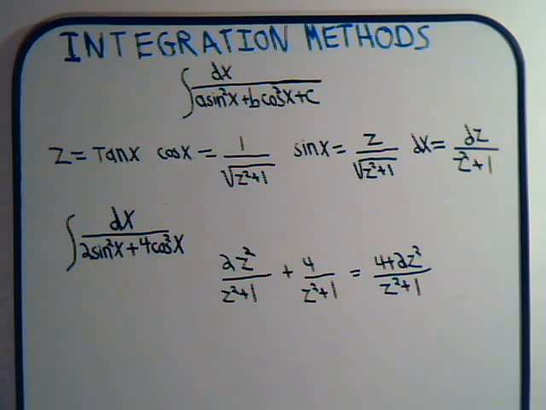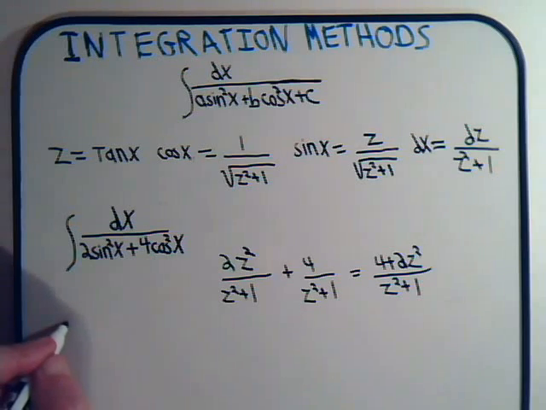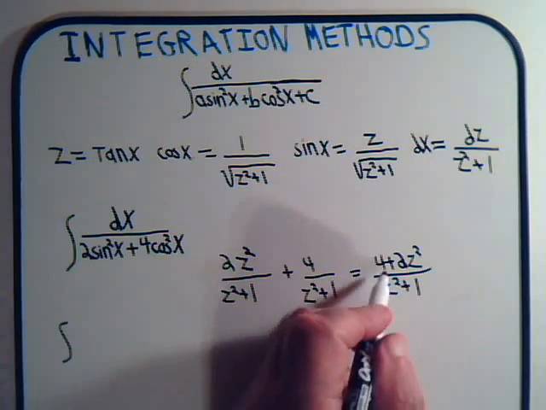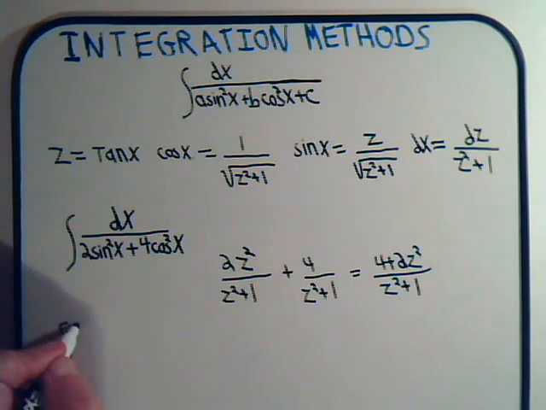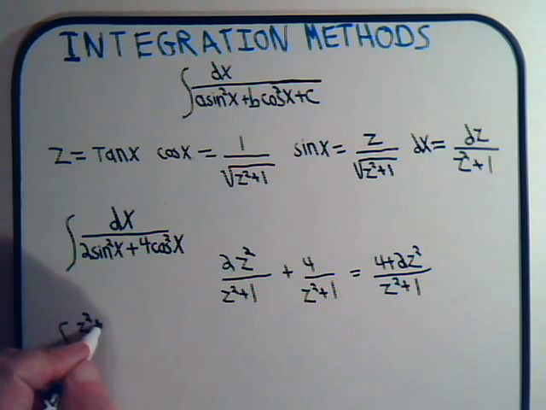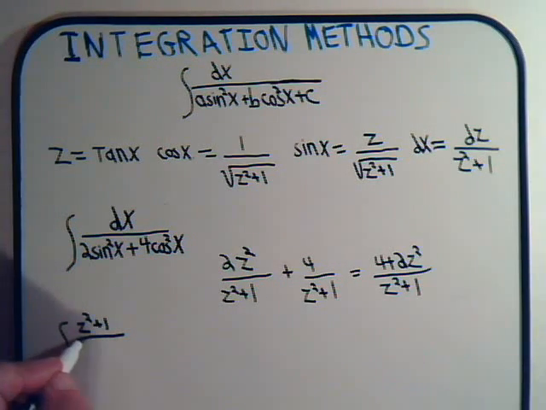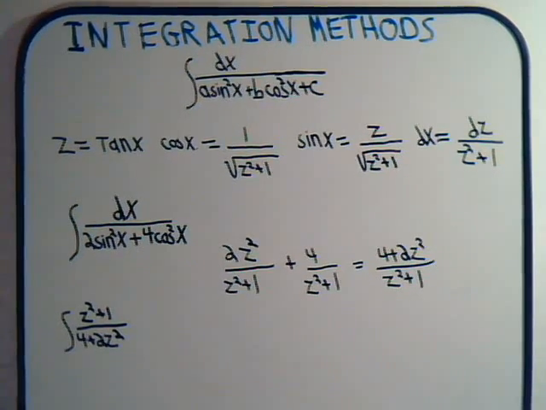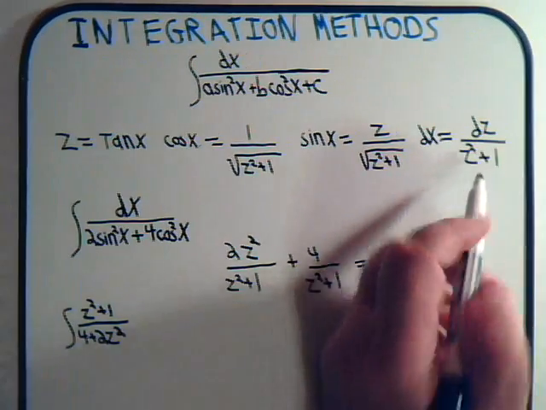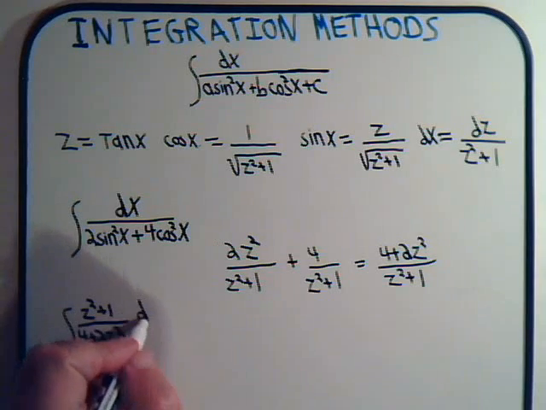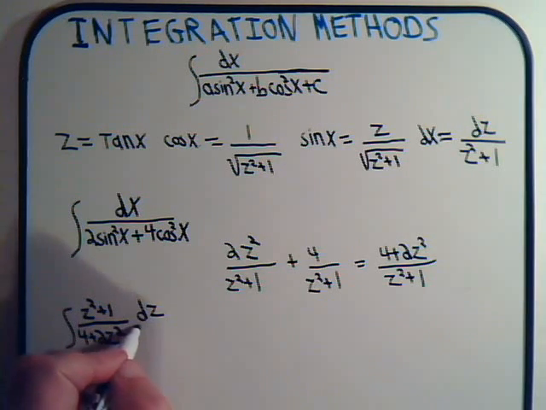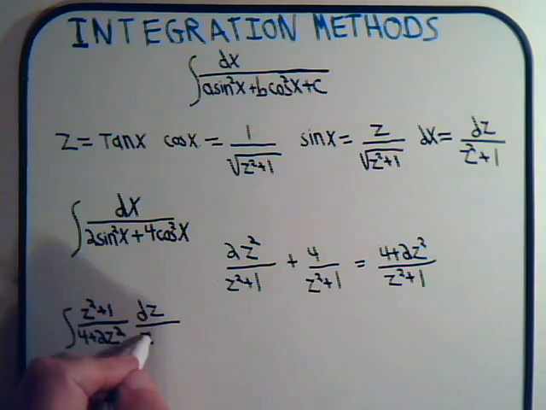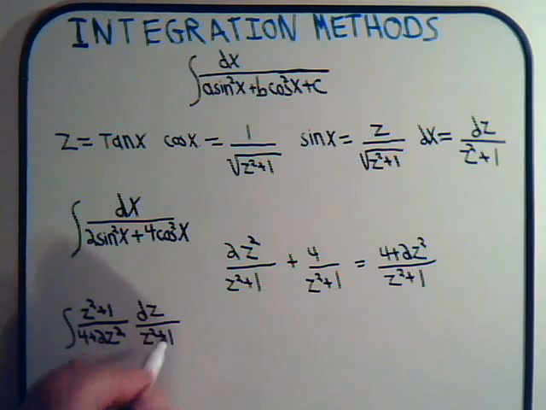So let's see. We're going to rewrite the integral then. We're going to have z squared plus 1 divided by 4 plus 2 times z squared, and dx is this. That's dz divided by z squared plus 1.